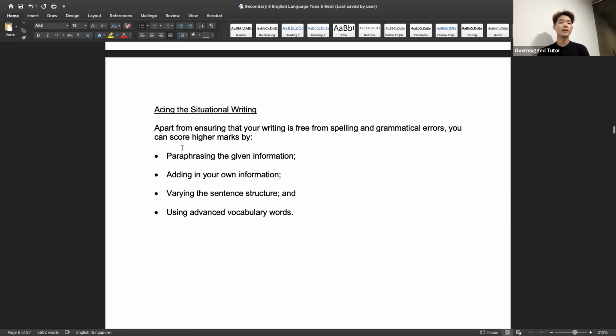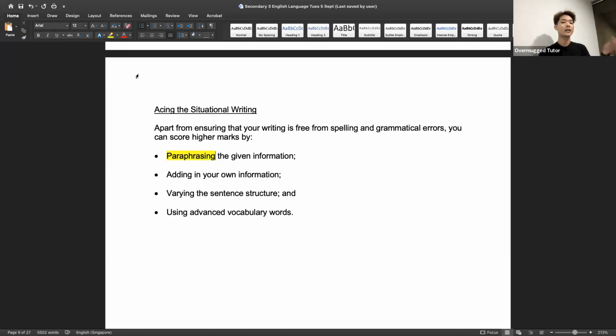Okay, to ace it, importantly, paraphrase. You always look at the picture, then they give you a lot of words, and it's very tempting to just copy it because it's very brainless. Just copy and paste. But that will not give you any extra credit. What will give you higher marks is if you were to paraphrase it. Even if you were to try to change the sentence structure, that also helps, although that is the lowest level.